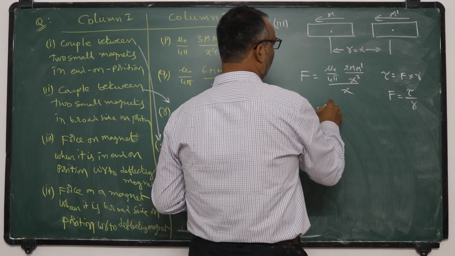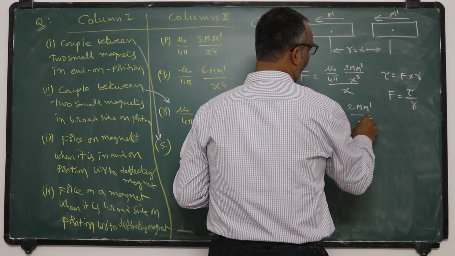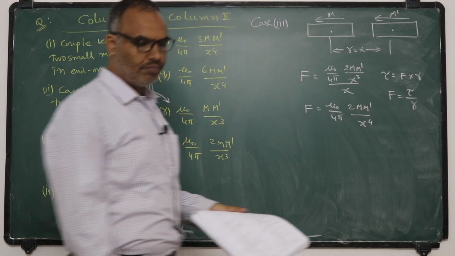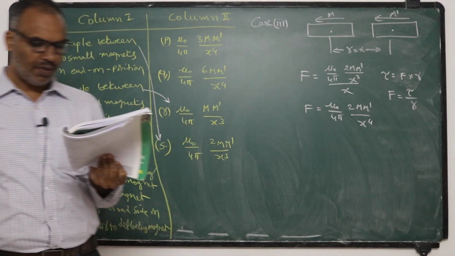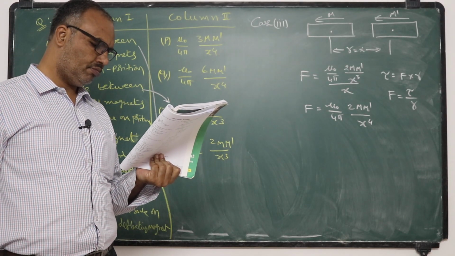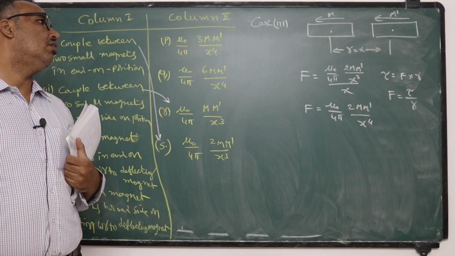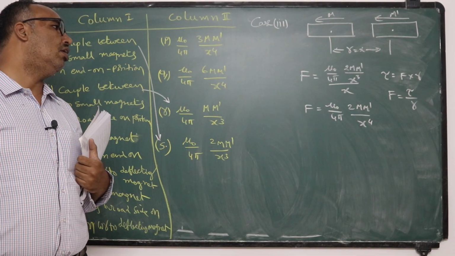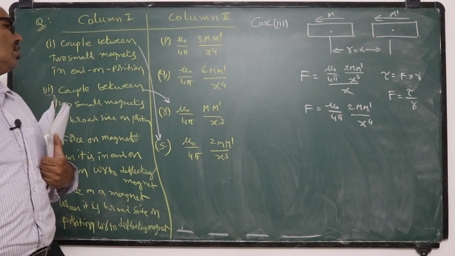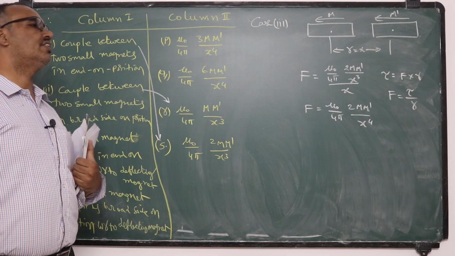So force is equal to mu naught by 4 pi into 2 mm dash by x power 4. But this option is not there. Then how to derive this force value?